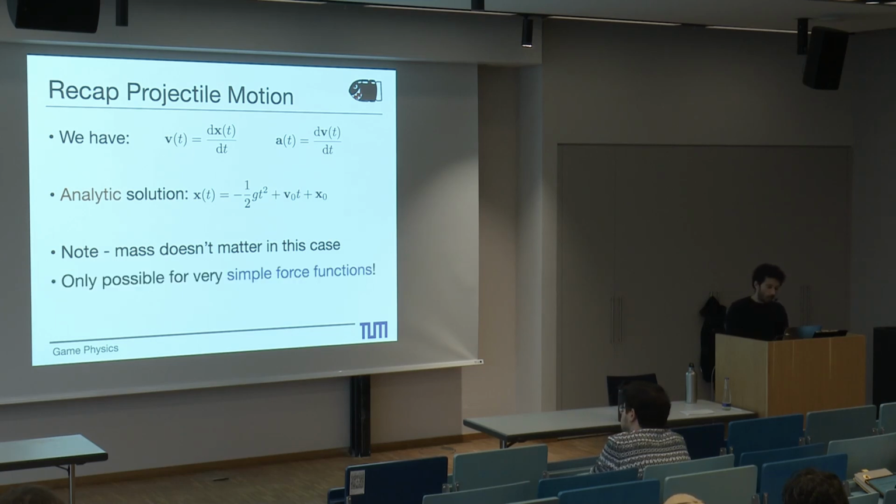Of course, this analytic integration is only possible for very simple force functions like the one of gravity, which doesn't change in space, doesn't change in time, and it's very, very simple and very, very well behaved. But in general, this is a little bit more complicated to do with any random and possible force.